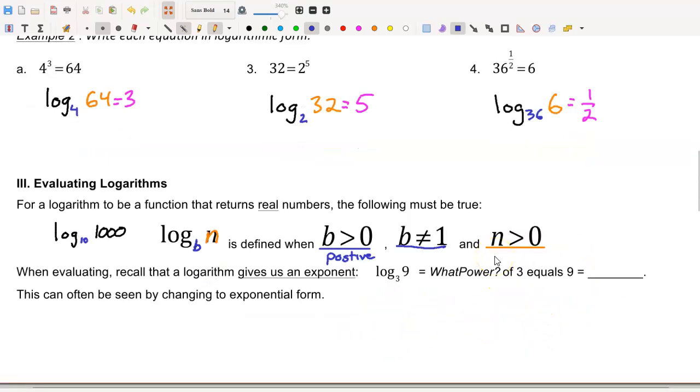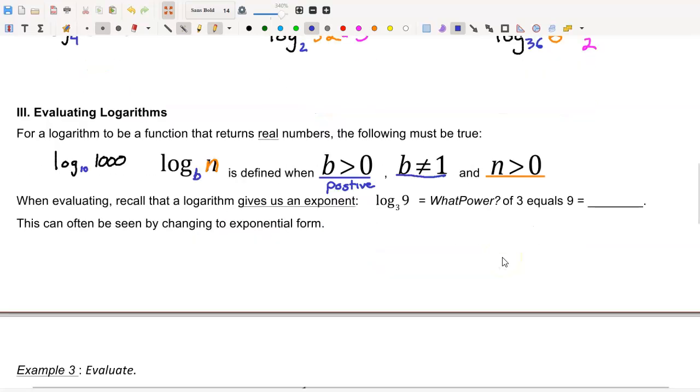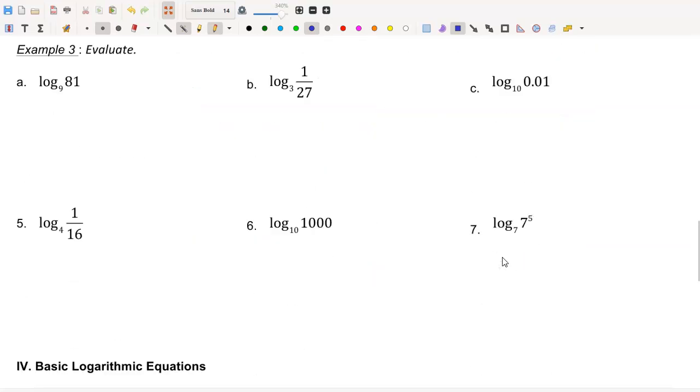All right. So let's look at some problems on the back, and then get you guys started. The most basic ones are just evaluating, basically getting the exponent, right? So you want to start reading this. Log of 81 base 9. This is asking 9 to what power is 81? The answer is the exponent. That's it. So you get 2. All right. 3 to what power is 1 over 27?